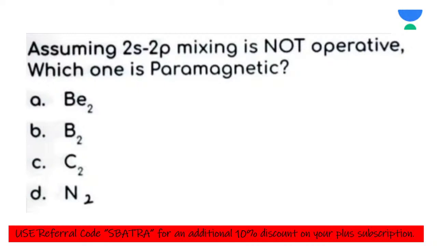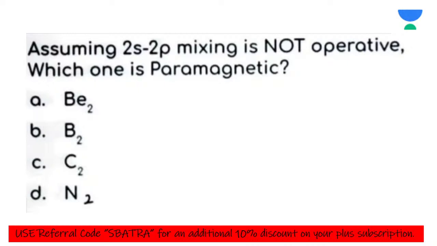Okay, so most of you are going with option number C. What about others? Okay, so 5 of you have given the answers.